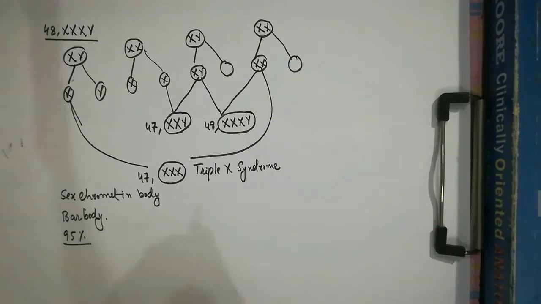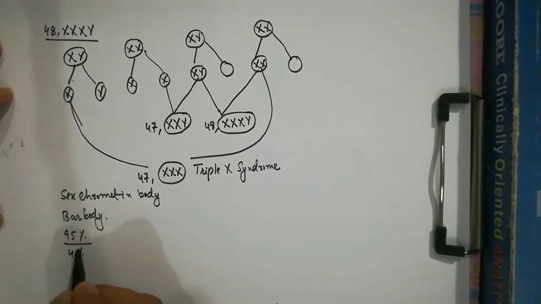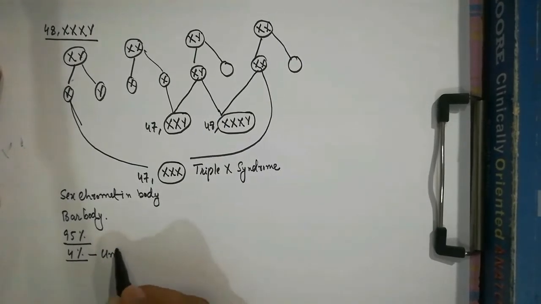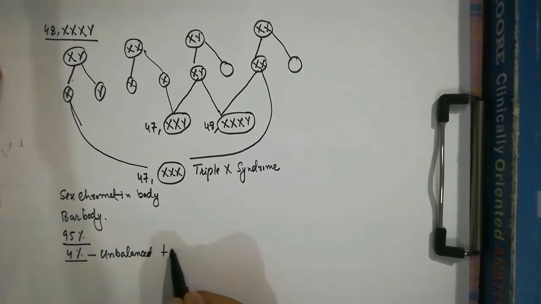And 4% of cases of Down syndrome result from unbalanced translocation.